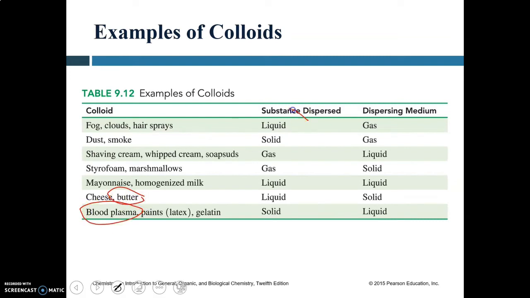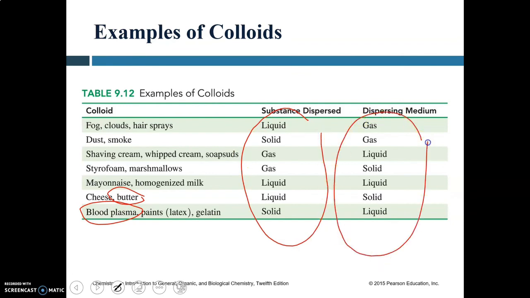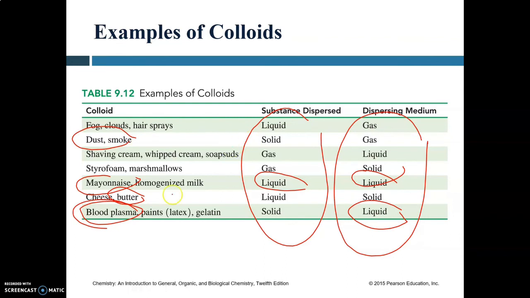Now you can see substance dispersed and dispersing medium. For instance, mayonnaise is a liquid dispersed in liquid. Blood plasma is a solid dispersed in liquid. In case of dust or smoke, it's a solid dispersed in gas, and so on and so forth.